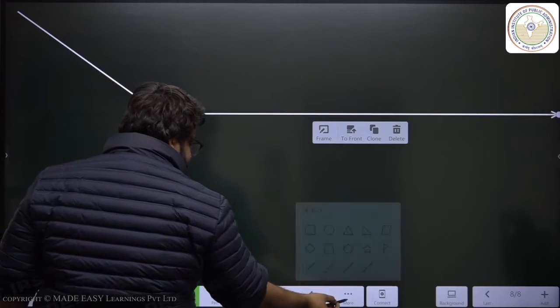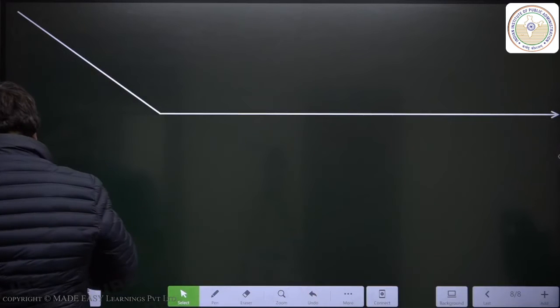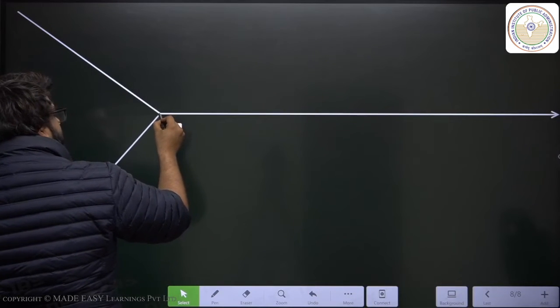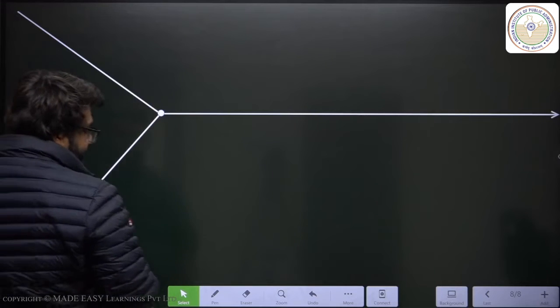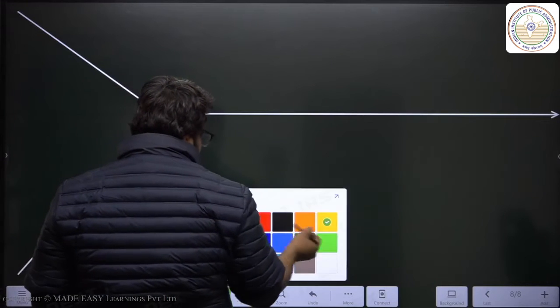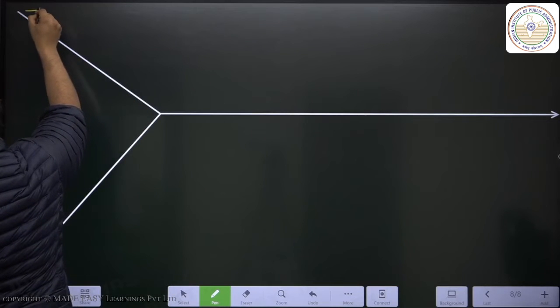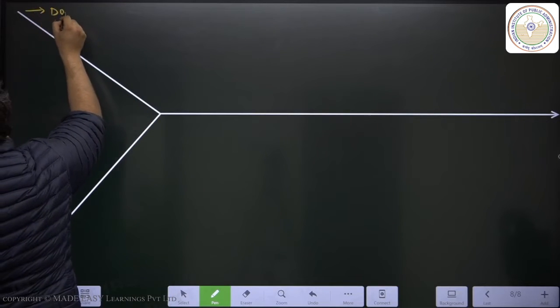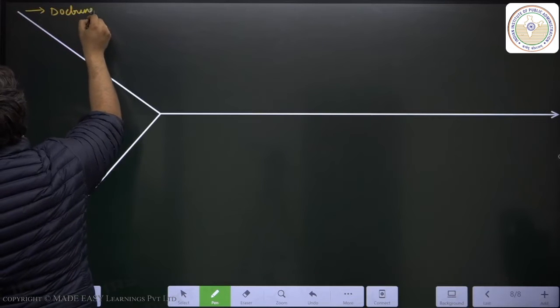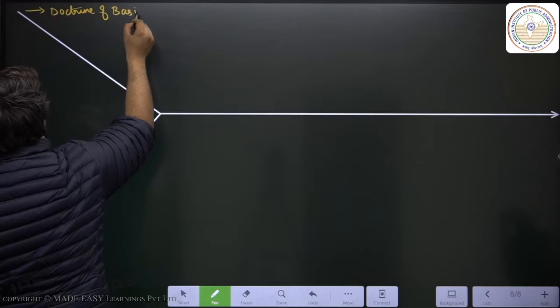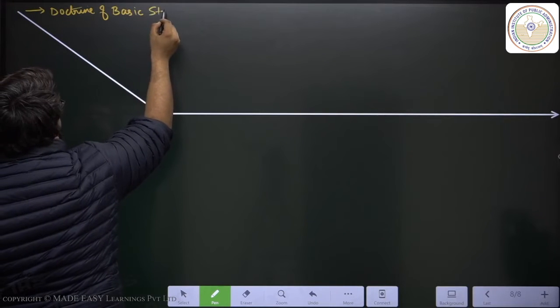Plot number 2, which we will come to later, will meet plot number 1 at a point of time. And plot number 1 is called the evolution of the doctrine of basic structure.